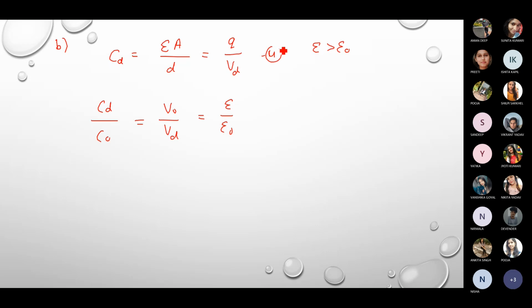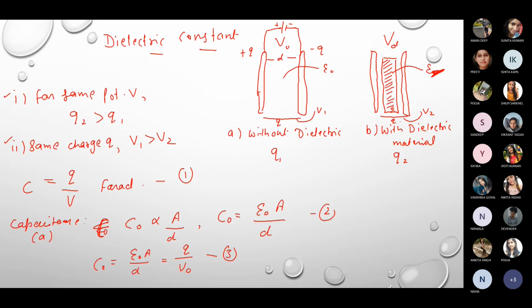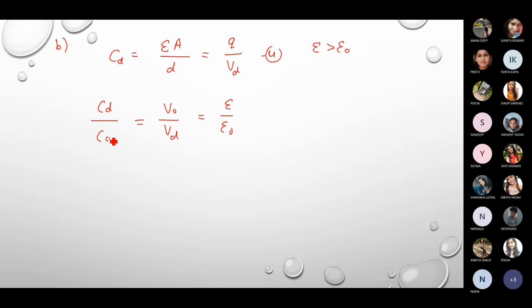If you divide equation number 4 by equation number 3, then you will get C d upon C naught equal to V naught upon V d, which is equal to epsilon upon epsilon naught. The ratio of permittivity of the medium to the permittivity of the free space is called the dielectric constant K, and it is also known as relative permittivity. So K and epsilon r are both the same thing, right? K is known as the dielectric constant, epsilon r is the relative permittivity of the medium, both are the same.